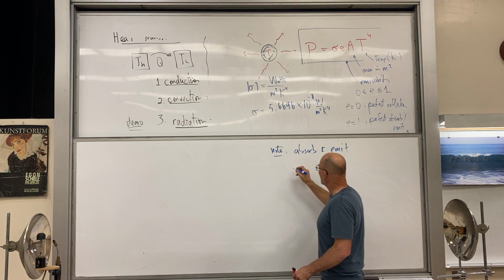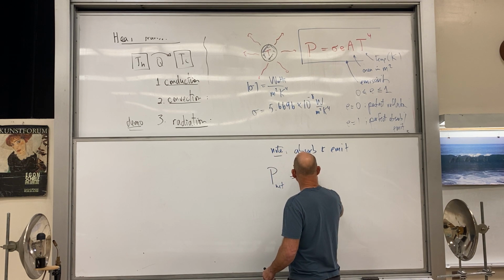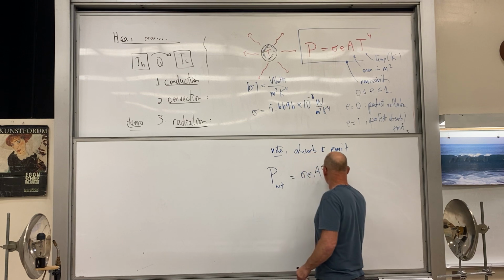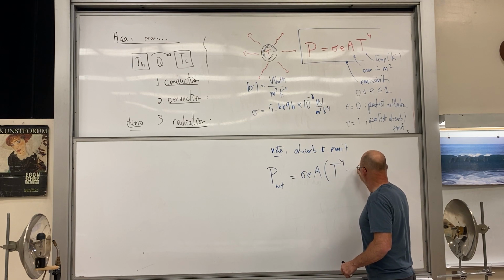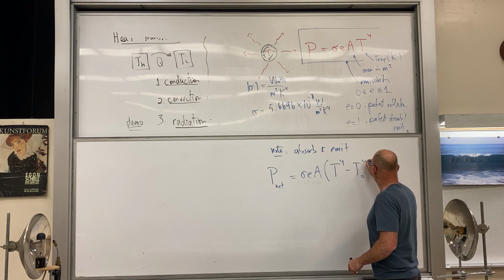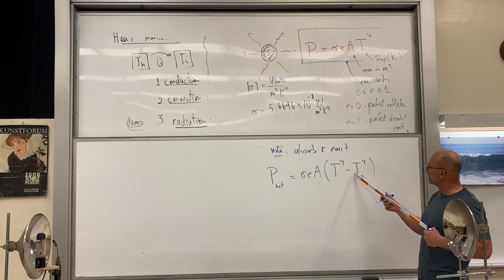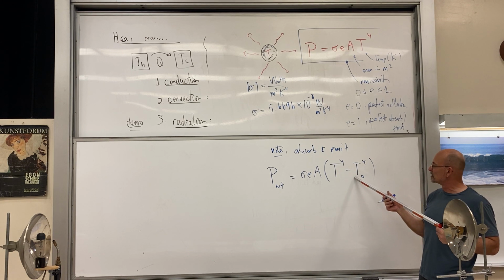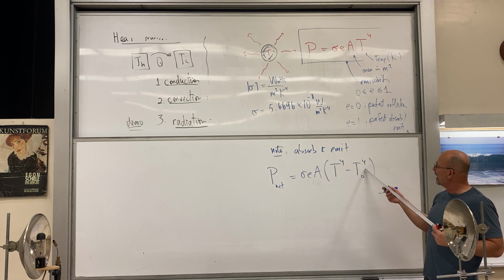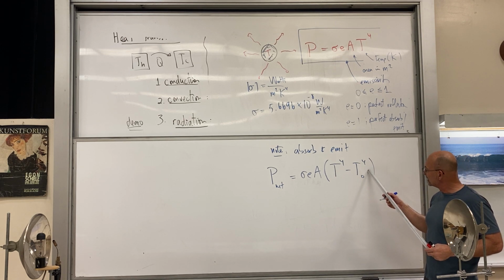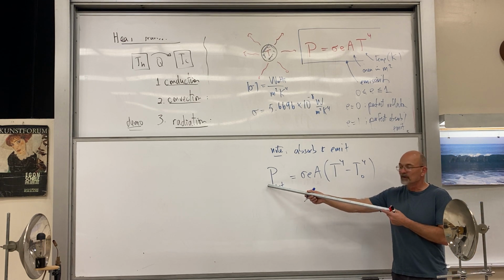So what you can say is P net is equal to sigma EA, but then you would have T to the fourth minus T0 to the fourth. So this is for emission, but this is for the absorption. If the temperature of the object and the ambient temperature are the same, then this cancels out and you have 0 net emission.